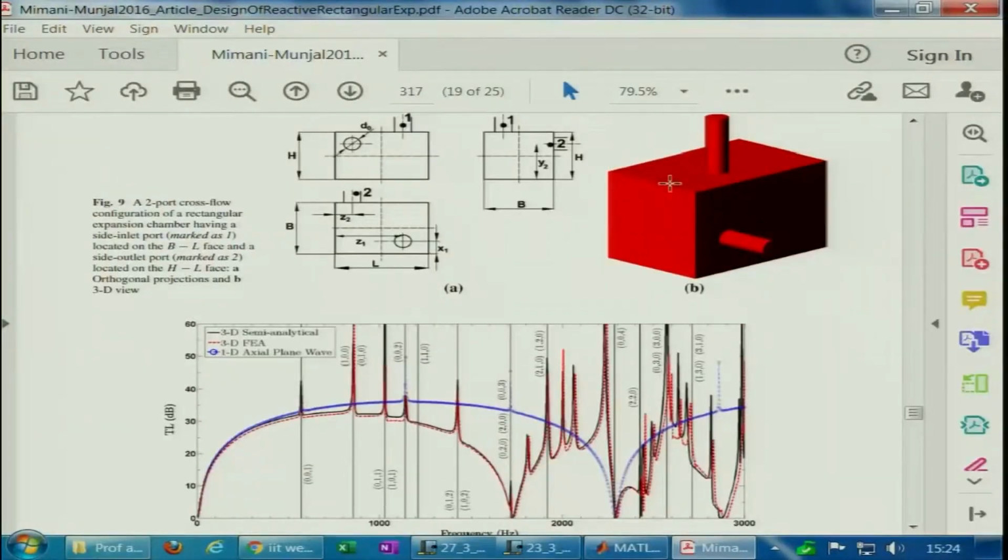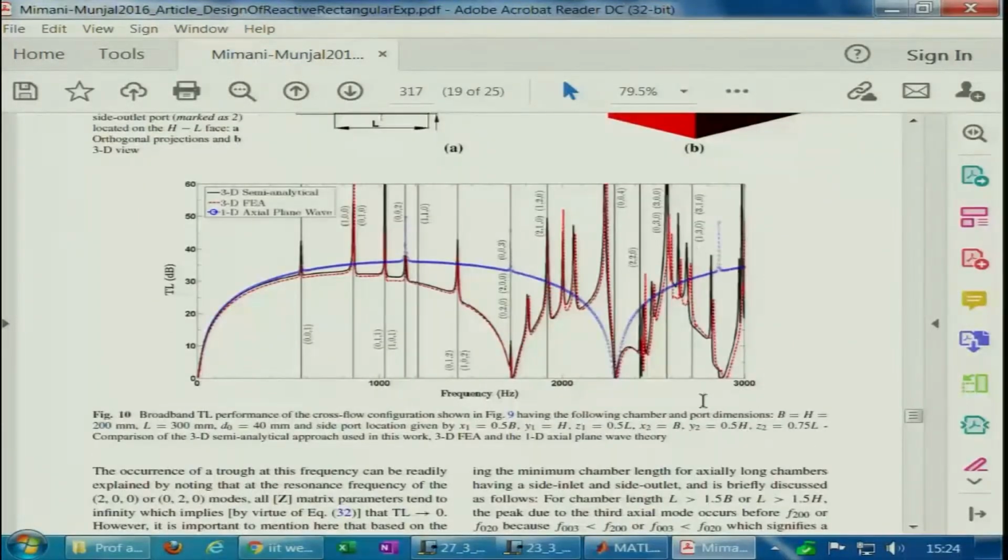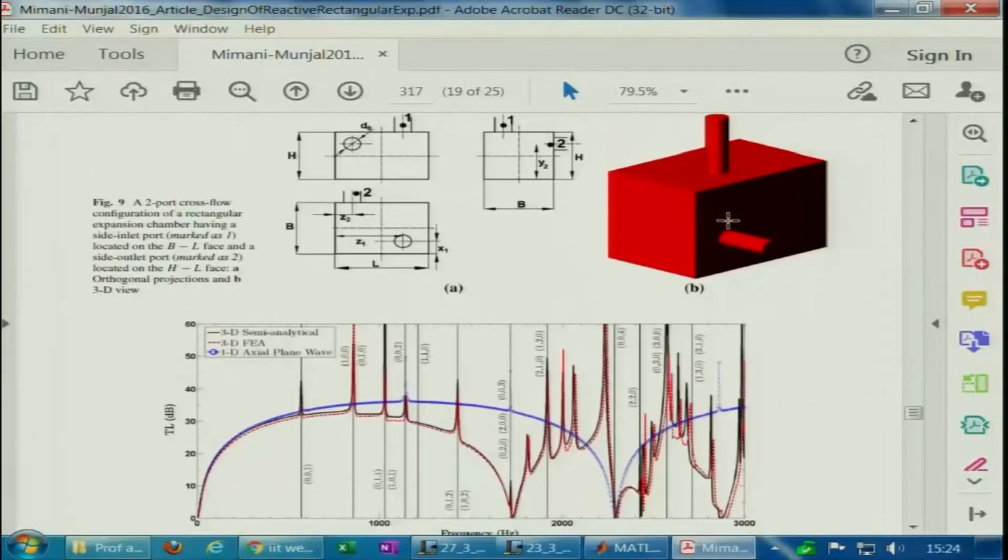And on this face it is located right at the midpoint, that is at y equal to h by 2, and similarly here for this port it is located at b by 2, somewhere here.